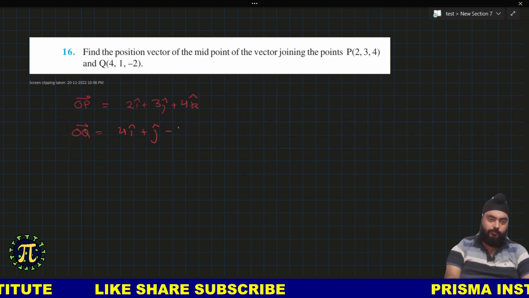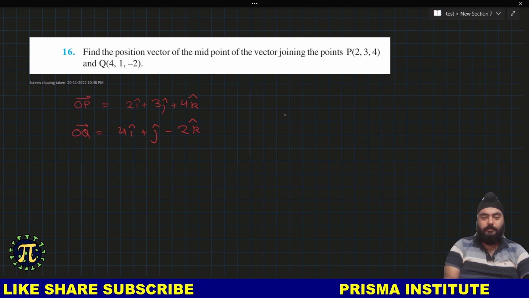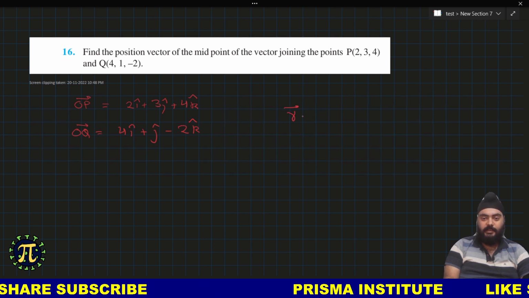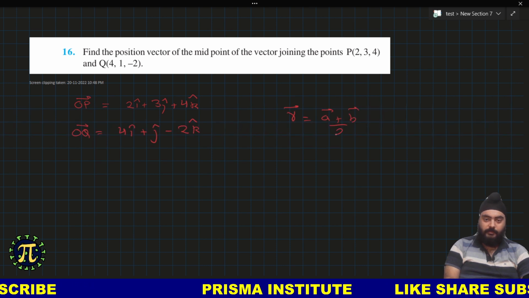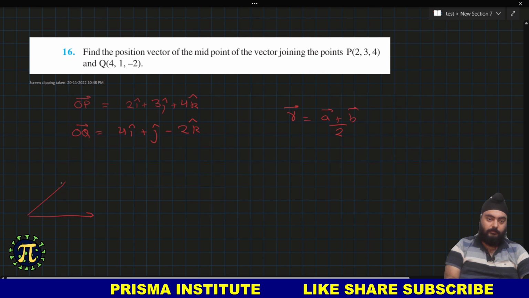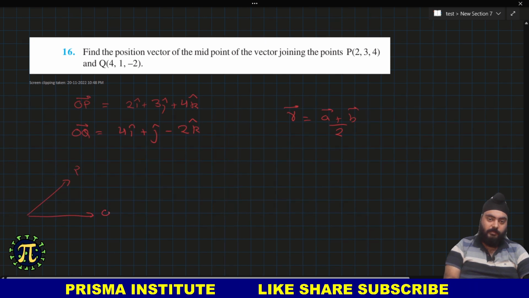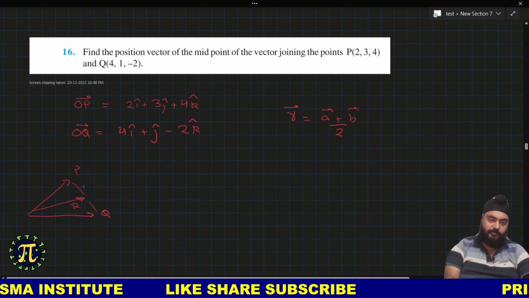cap minus 2k cap. Okay, and we have already defined how to find the position vector of a midpoint: a vector plus b vector by 2, right. Okay, so P, Q, and let's say this is the midpoint R, which is in 1:1, right.